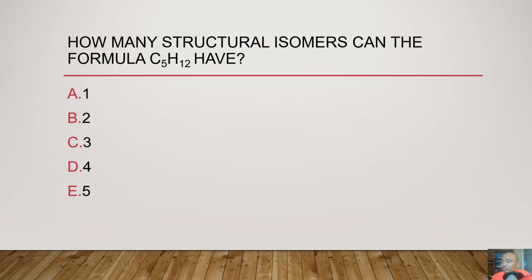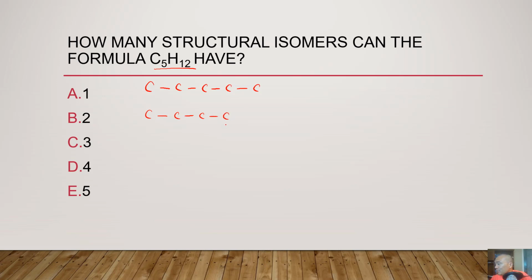For example, when you write the structure of C₅H₁₂, the first structure you could expect to have would be having all 5 carbons in the same longest chain. Or you can have 4 carbons.